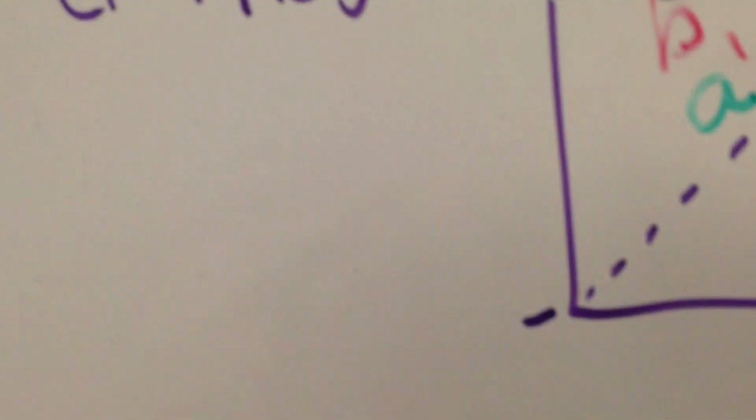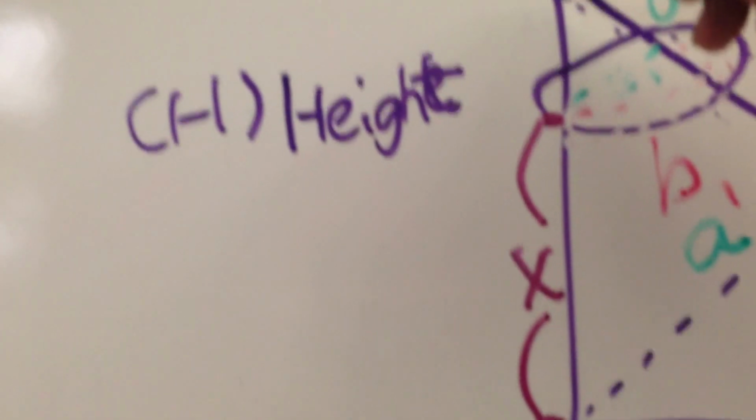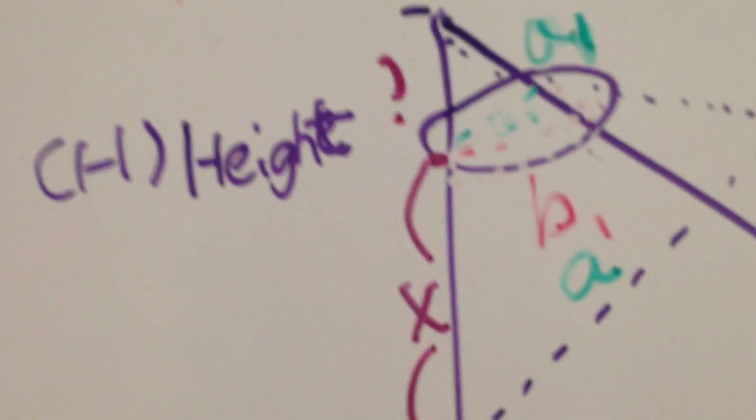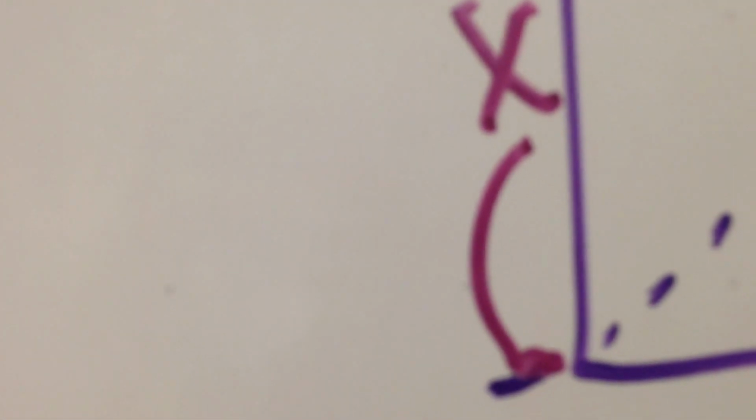So we say the distance, the height from the big triangle base to the little triangle base, this is x. This thing is x, and that thing is h. So what is this? What is that? That's just h minus x, right? So the height of this three-dimensional thing at this right here is just h minus x.